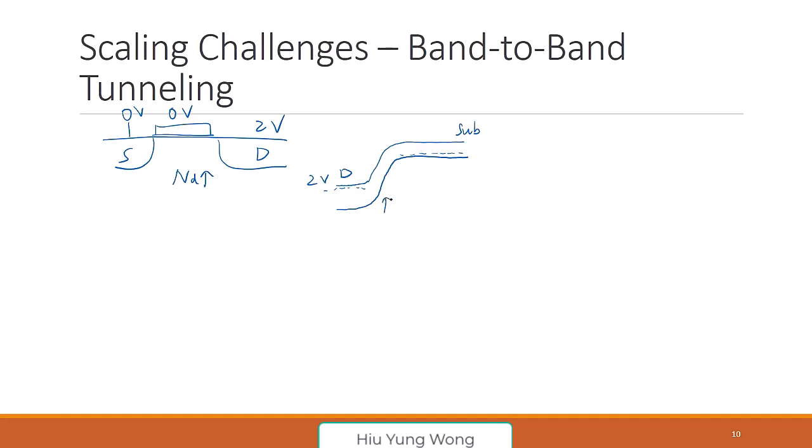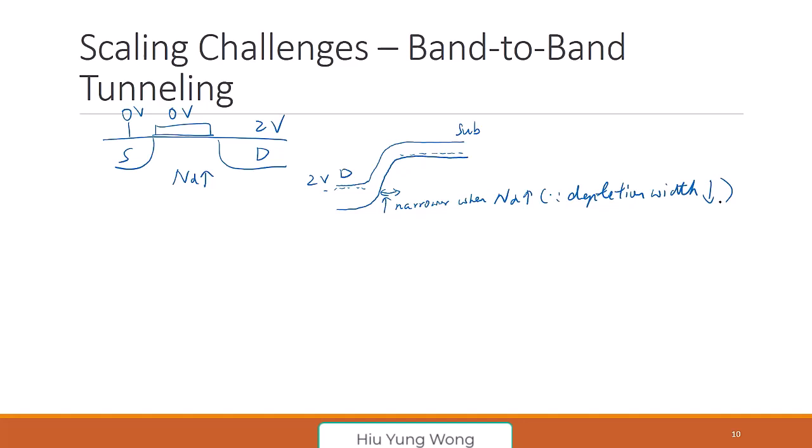So this one will become narrower when N_D increases. Why? Because of the depletion width. Can you tell me when you increase the doping, does the depletion width increase or decrease? Decrease. Yes. If you forget, just think about the PN junction you learned before, right?